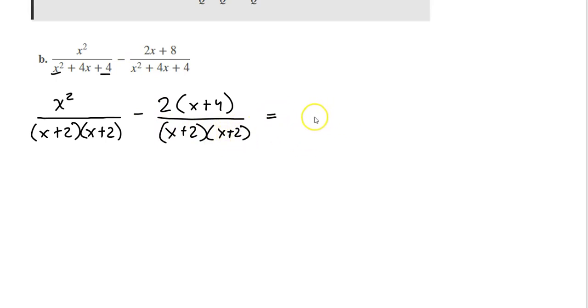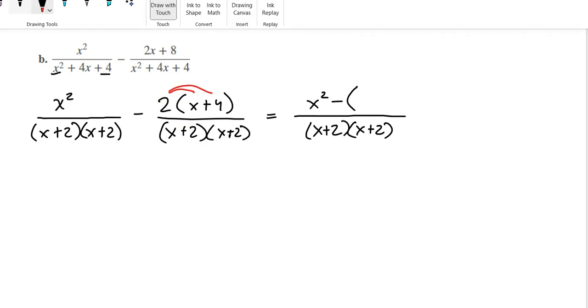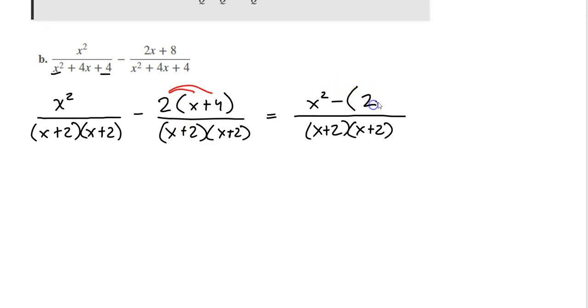So let's continue on. Put everything up under the same fraction bar there, and there we go. Now I've got x squared minus, well, whenever you see a subtraction symbol, throw up a parenthesis. Here I'm going to go ahead and distribute that, and I end up having 2x plus 8.